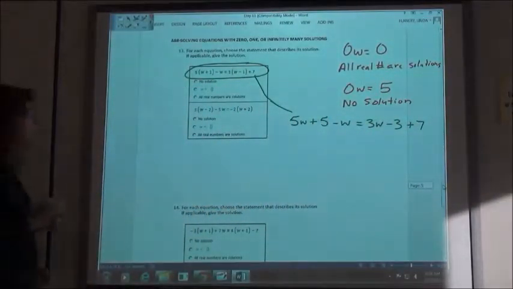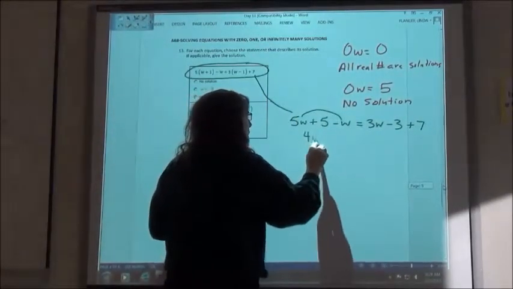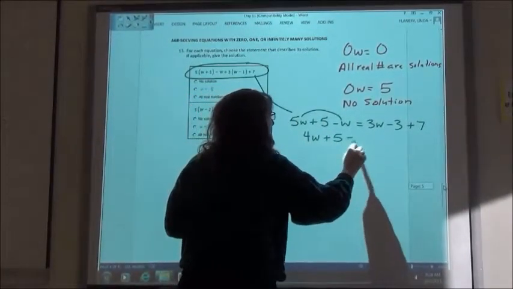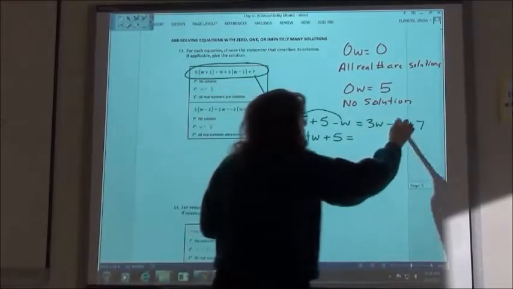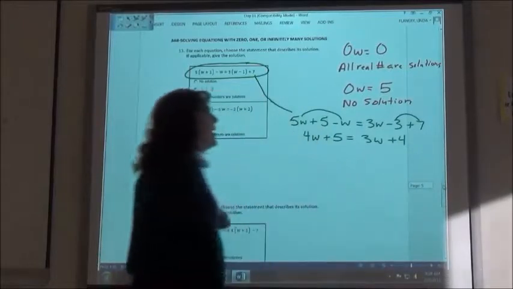So combining my like terms, 5W minus W is 4W plus 5. On the other side, combining my like terms, I'm going to have a 3W plus 4, right?